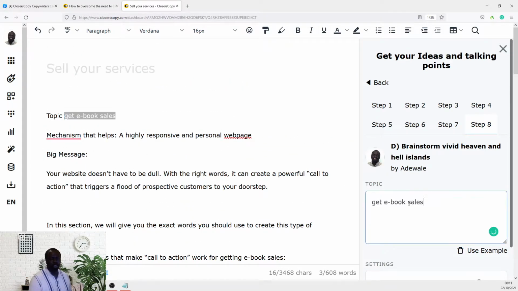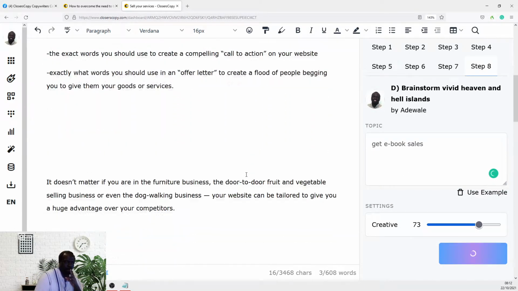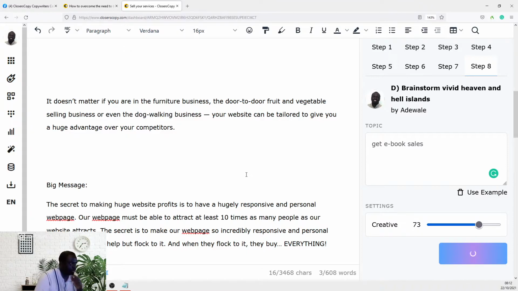So the topic is get ebook sales. So what you should do now is to write about ebook sales, but what are the pain points and the desires and the benefits a person who wants to get more ebook sales is looking for.